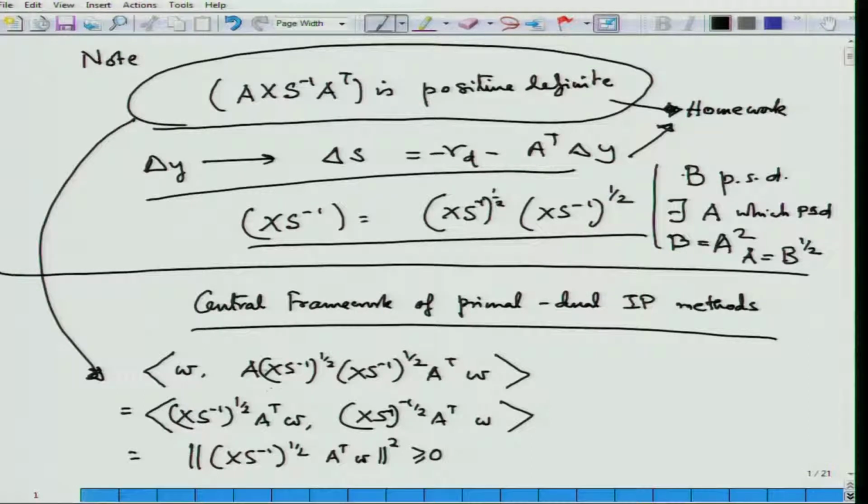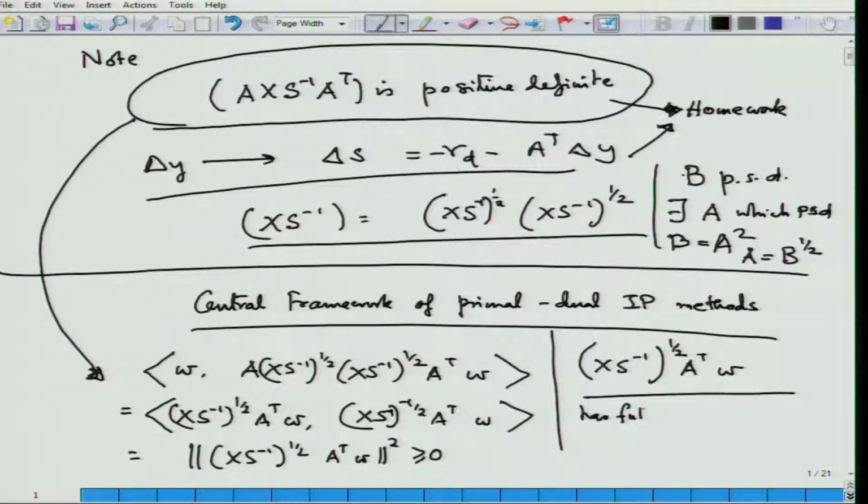So, the transpose is the same thing, then the transpose of A B is B transpose A transpose, and this is how things happen. So, now this is nothing but the norm square, and this is greater than or equal to 0. What you can show is that this matrix, this is anyway a full rank matrix into A transpose, has full row rank.